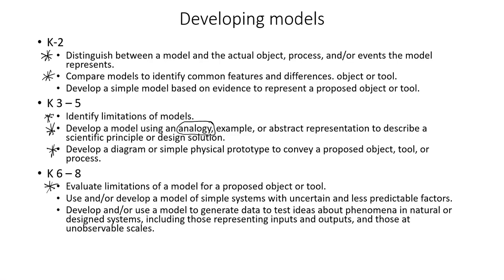If it is going to affect our model, what changes should we make to the model so that we are able to deal with the effects of these limitations? So this is different from K to 3, where you just identify them. You don't discuss anything about them. In grades 6 to 8, you have to discuss the limitations and see how you are going to minimize the effect of that limitation on your model.